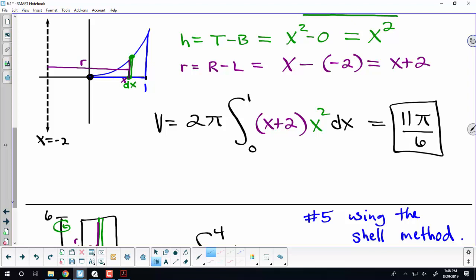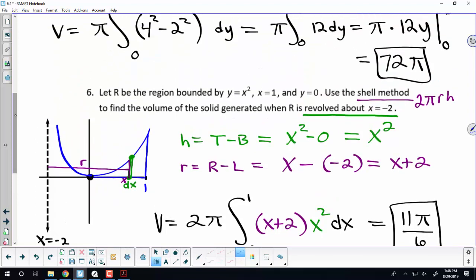Yeah, so our x squared is really like this. But it says find the region bound by x squared, x equals 1 and y equals 0. So if we drew this, here's our x squared, here's y equals 0, and here's x equals 1. It's only this region that's bound. That one's not bound by anything, so we don't consider that piece.